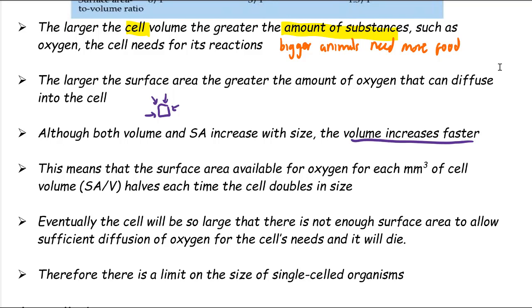So eventually, because the cells get so much bigger each time, the cell will become so large that there is not enough surface area to allow sufficient diffusion of oxygen for the cell's needs, and it will die. So therefore, there is a limit on the size of single-celled organisms. They can only ever be microscopic, because if the cells get too big, they will die because they can't get enough oxygen.